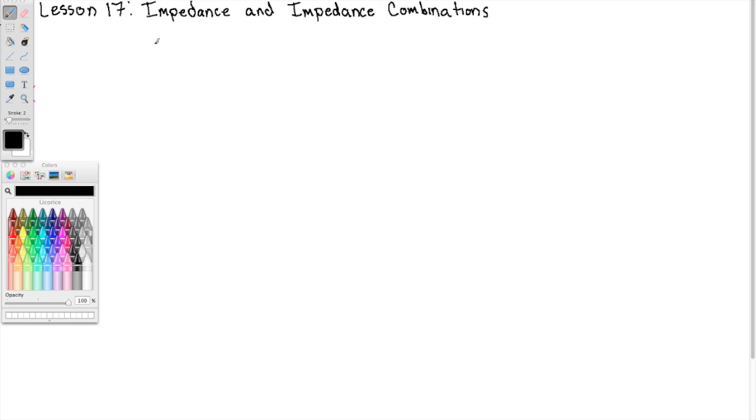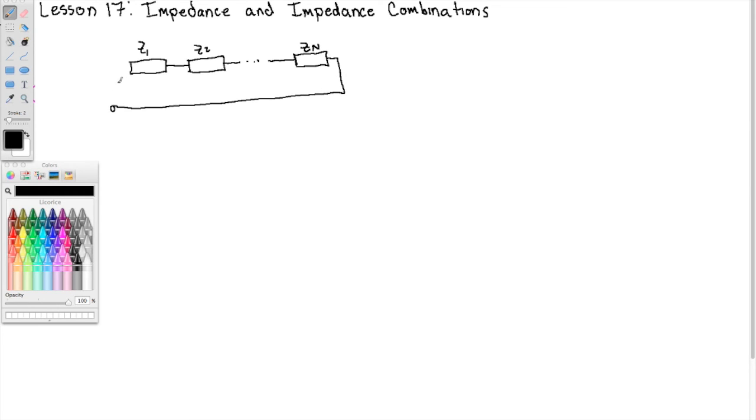But if you had, let's say, Z1 in series with Z2, in series with all of these impedances, Zn, you could replace all of those things with a single impedance, Zeq, which would be Z1 plus Z2 plus all the way to Zn.